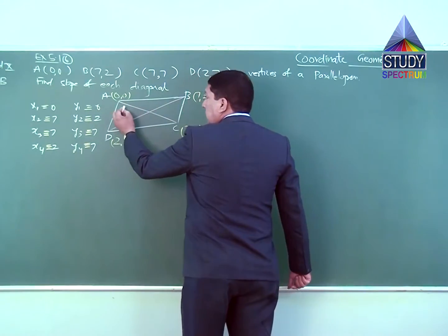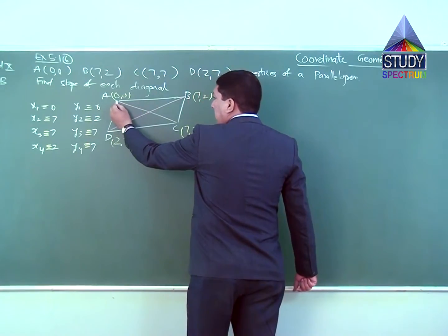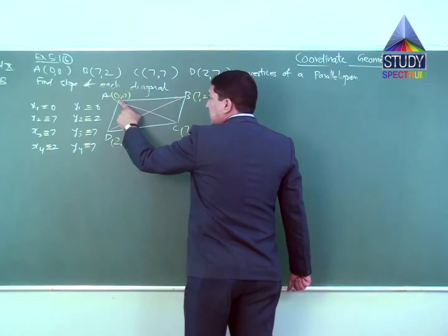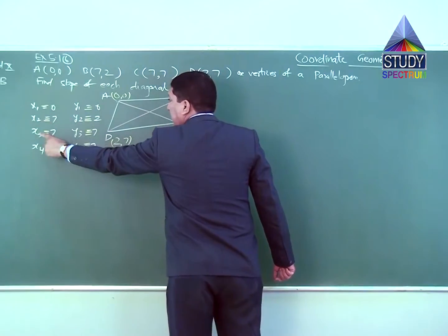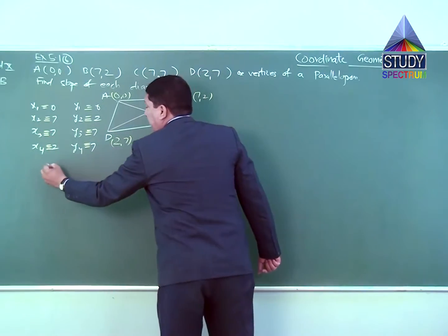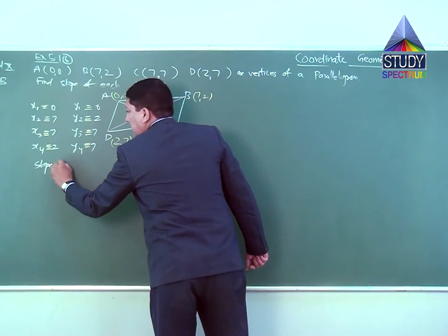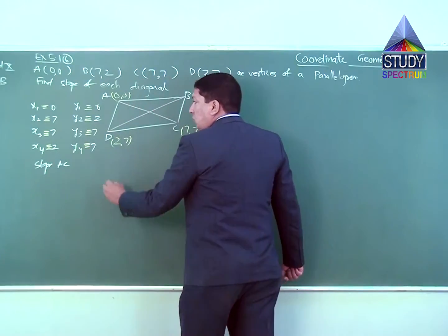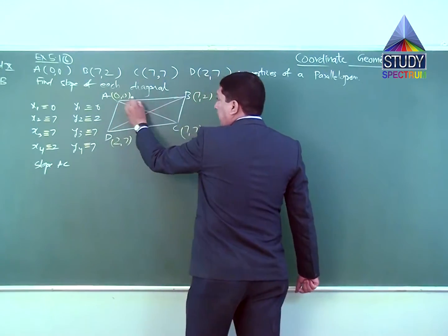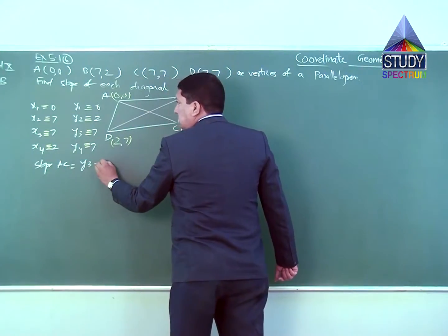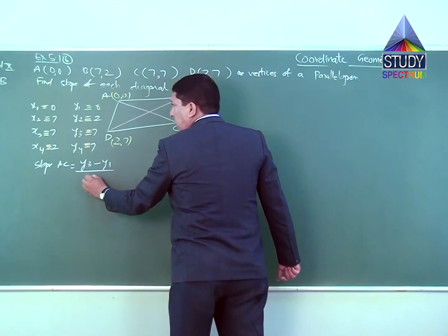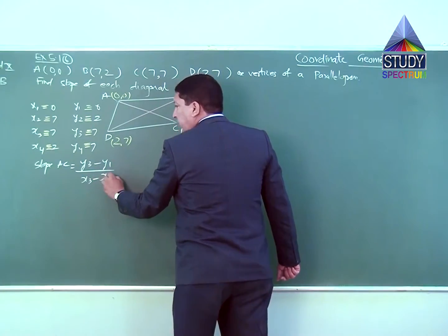So we'll find out slope of AC now. AC means this point and this point. So we'll write slope AC. You can make out slope AC is y3 minus y1 upon x3 minus x1.